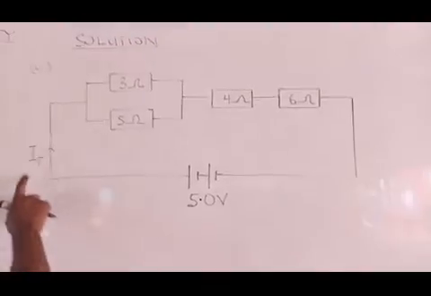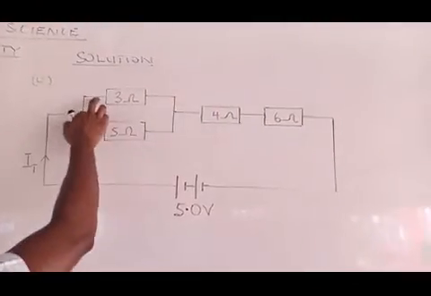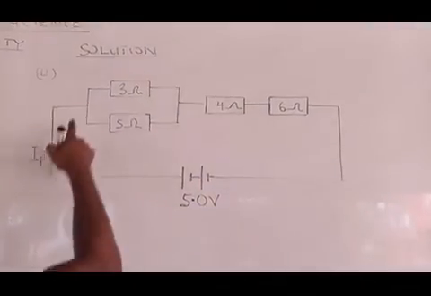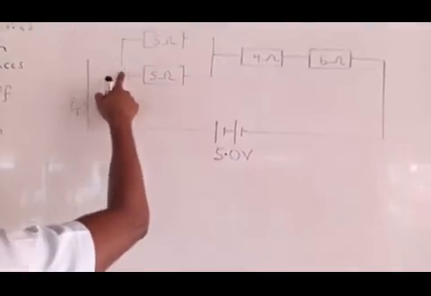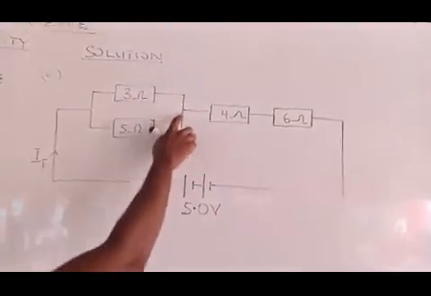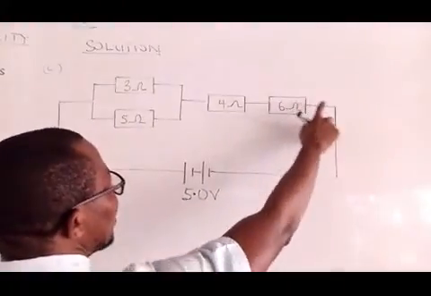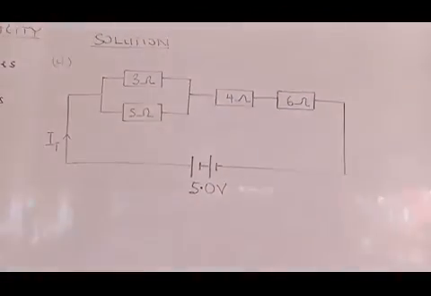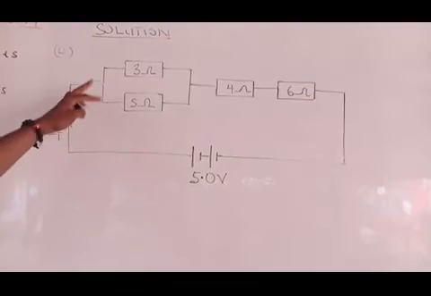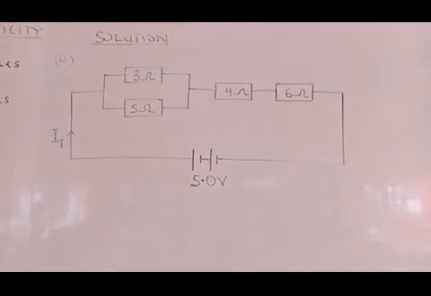Okay, so this current flows, it gets here, and then it will divide into 2. Some of the current will pass through the 3 ohm, some will also pass through the 5 ohm. And they recombine, the 2 currents combine, and then it flows through the 4 ohm, the 6 ohm. And then it comes back again to the junction. Okay.